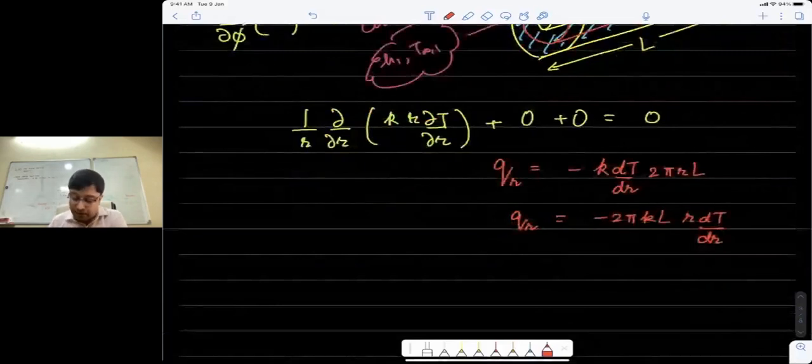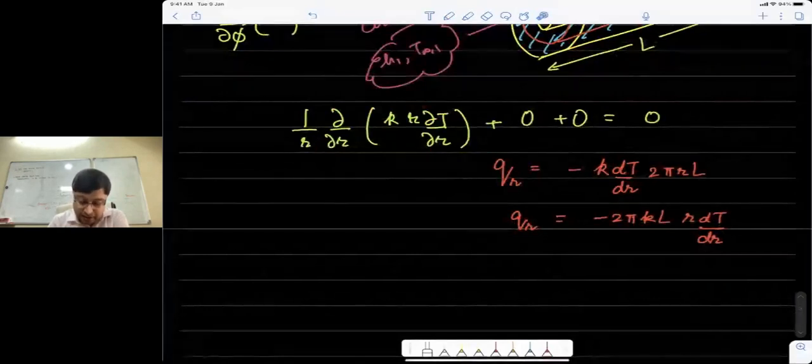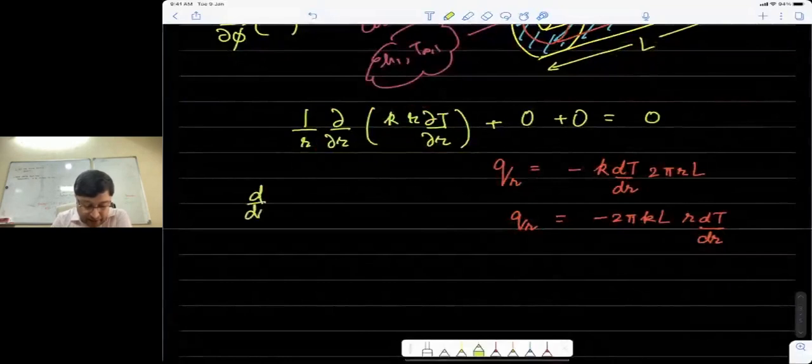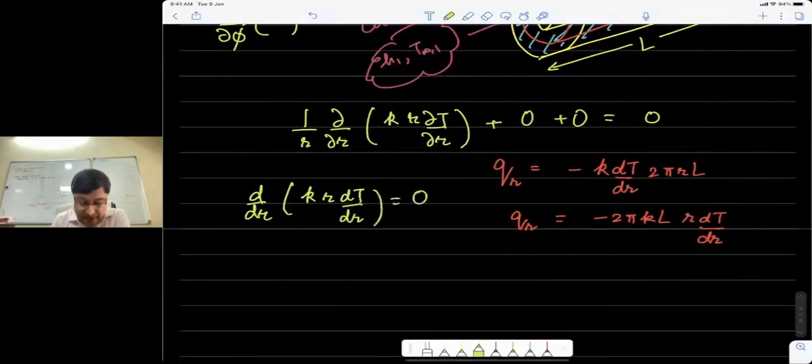Now, if you observe, what does the governing equation tell us? It's saying that d by dr of k r dT dr is 0.